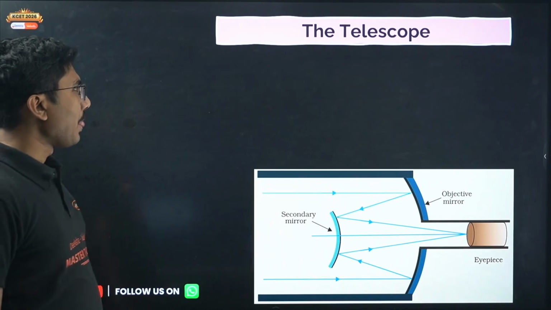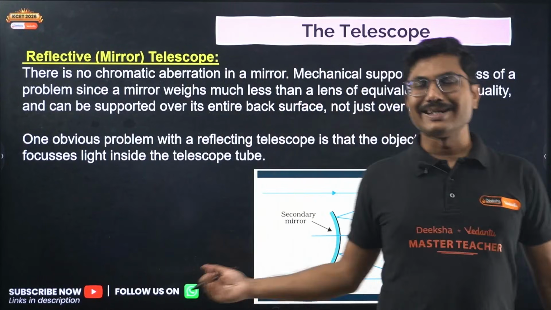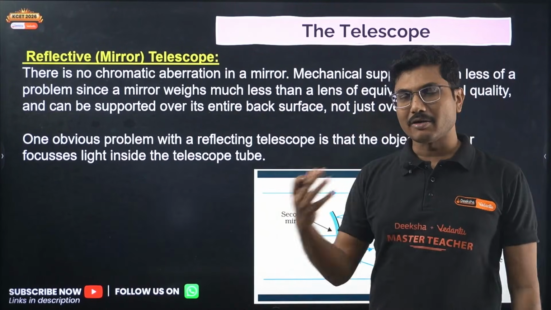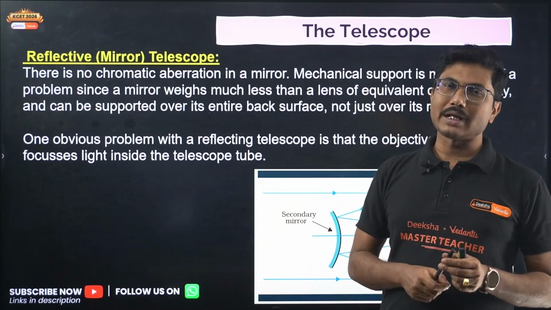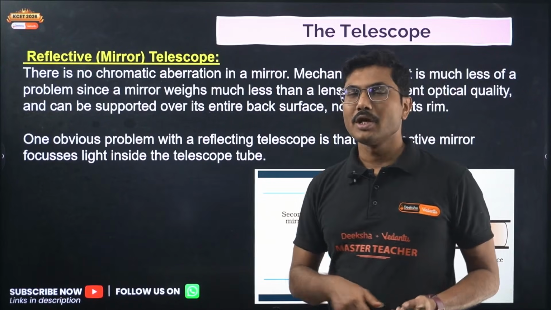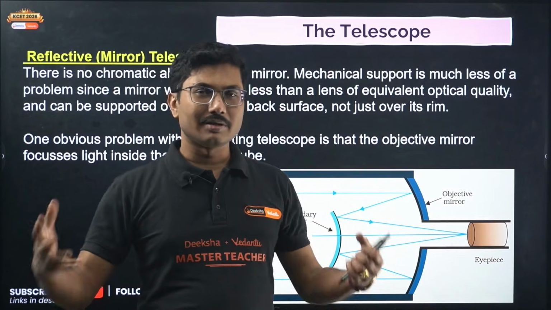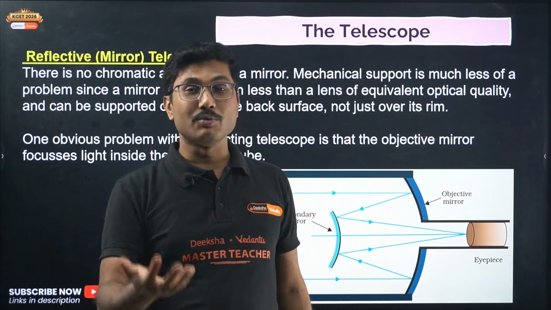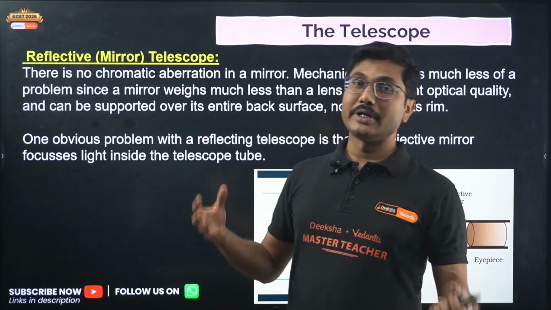Now what should we use to observe distant objects? Distant objects we cannot capture using a simple camera. A small lens free of chromatic aberration is possible, but a big lens free of chromatic aberration is not, and size matters, weight is more, you cannot support it properly, so you need a bigger structure.